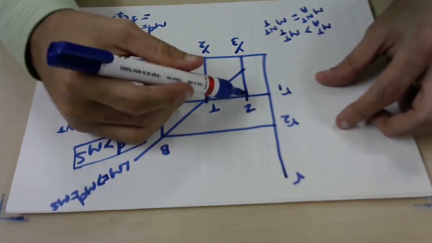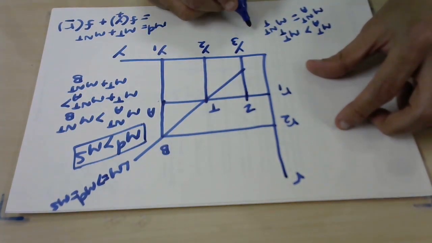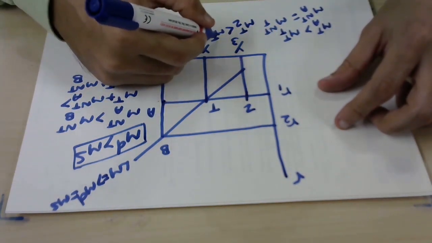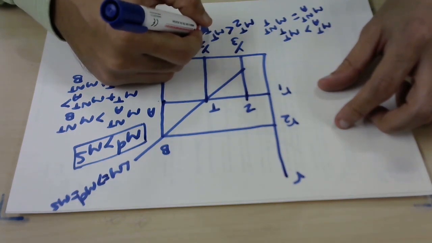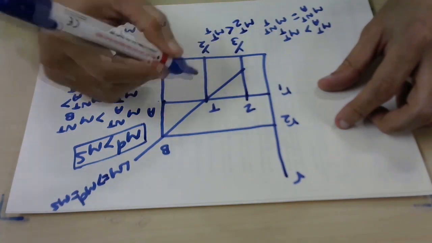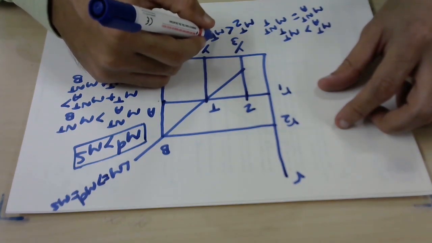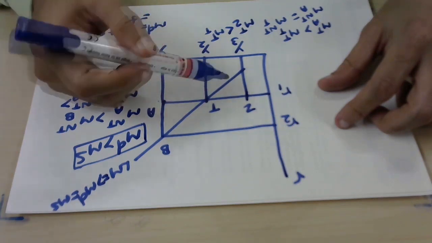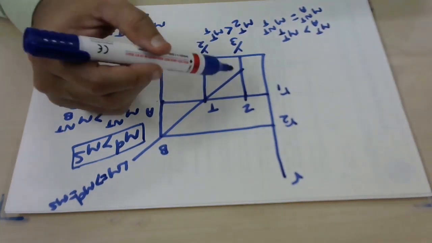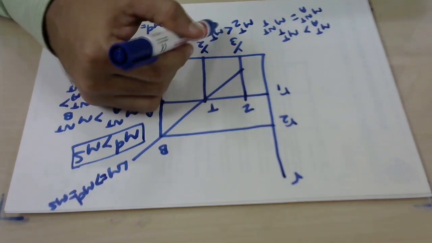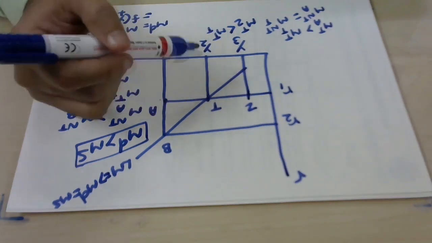So the transaction demand for money at point Z will be relatively less than the transaction demand for money at point T. Please do not confuse this T, the subscript, with the superscript T. I have just chosen a point, but the superscript T refers to the money demanded for transaction purposes. Because Z corresponds to a relatively lower level of GDP, the transaction demand for money at Z will be relatively less compared to point T.